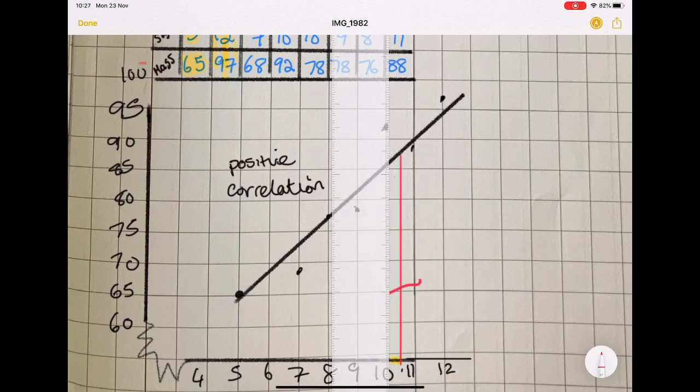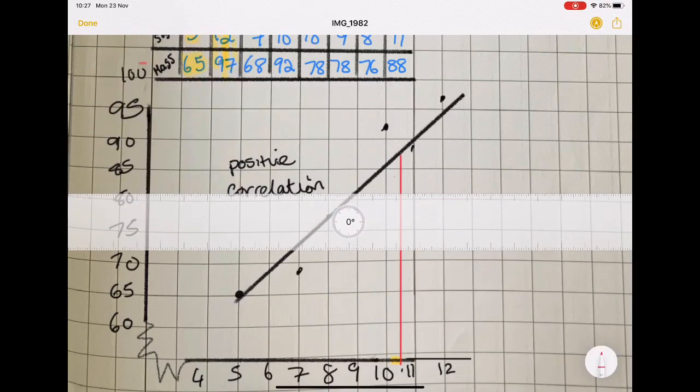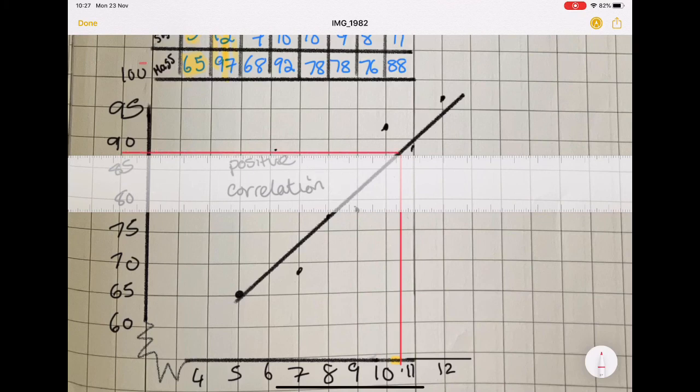Now, once we have done that, tip your ruler around, turn that around. We are going to cut through the y-axis now, and that will help us. There we go. We can see now the mass appear.